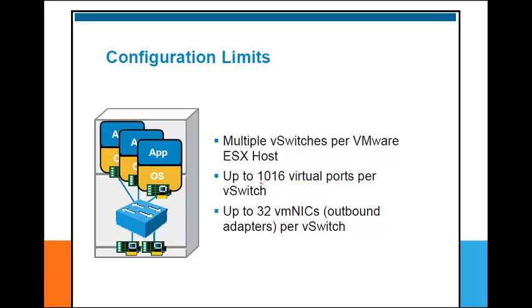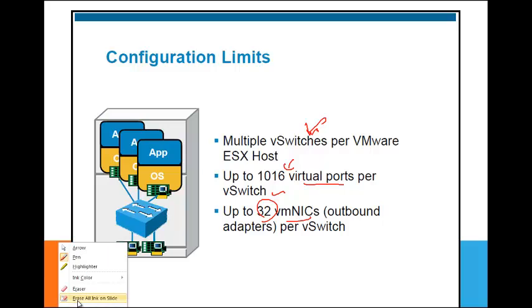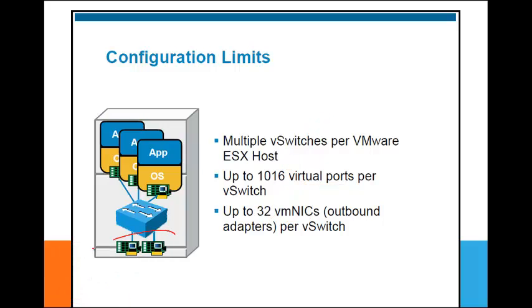Up to 1016 virtual ports per vSwitch. We can have multiple vSwitches on a host. Each vSwitch can support up to 1016 virtual ports, and up to 32 VMNICs can be bound to one vSwitch. So like this, physical NIC cards can be 32.